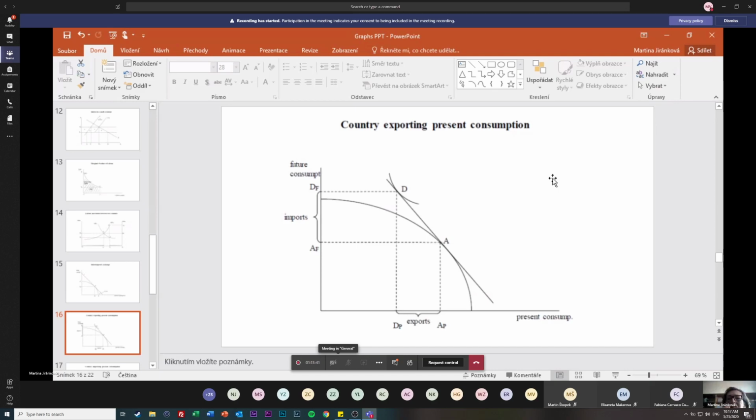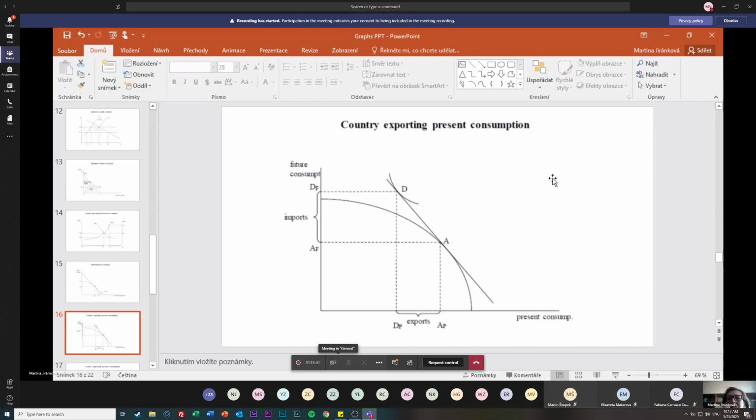The point A is again the point of production. The country produces some quantity of present and future consumption.